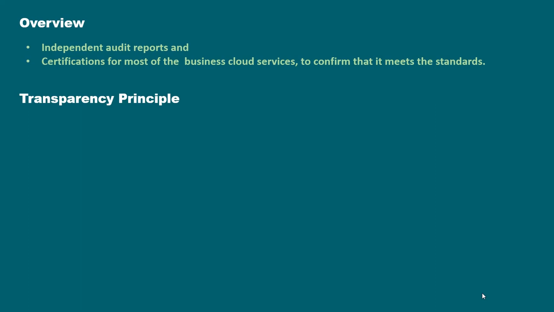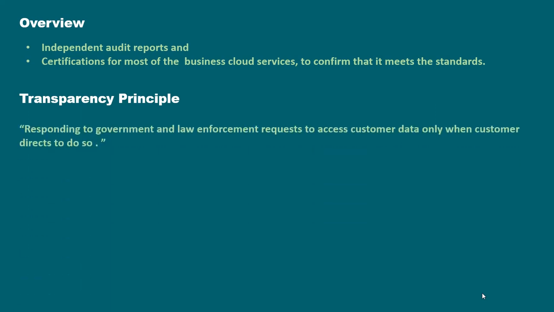Microsoft's transparency principle lies in responding to government and law enforcement requests to access customer data only when the customer directs it to do so. Customers have visibility into Microsoft's practices. Microsoft believes that customers have a right to as much information as possible about how they handle customer data in the cloud.